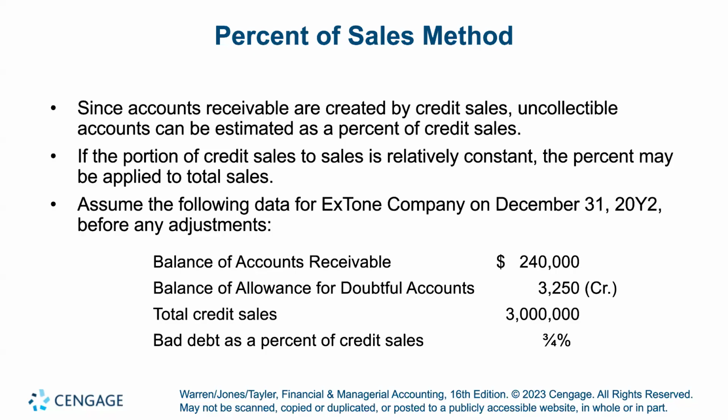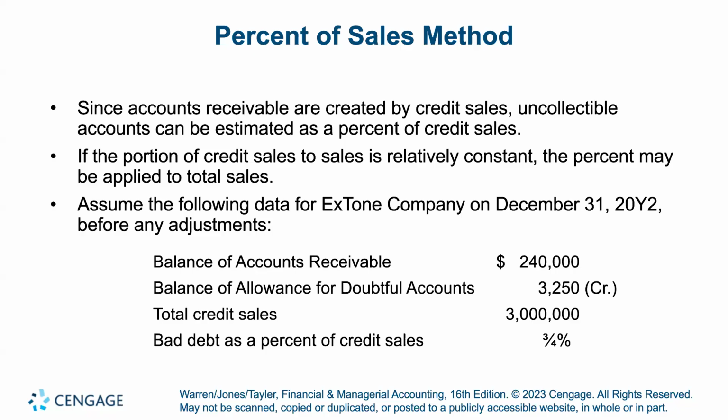So I mentioned that one of the challenging things about this allowance method is that we have to decide how to estimate how much people aren't going to be able to pay us, right? So if I sell $1 million worth of stuff on credit this year and we get down to the end of the year and I've got maybe 200,000 still owed to me, and I want to take the expense for this year, how do I decide how much of that 200,000 is not going to be collectible?